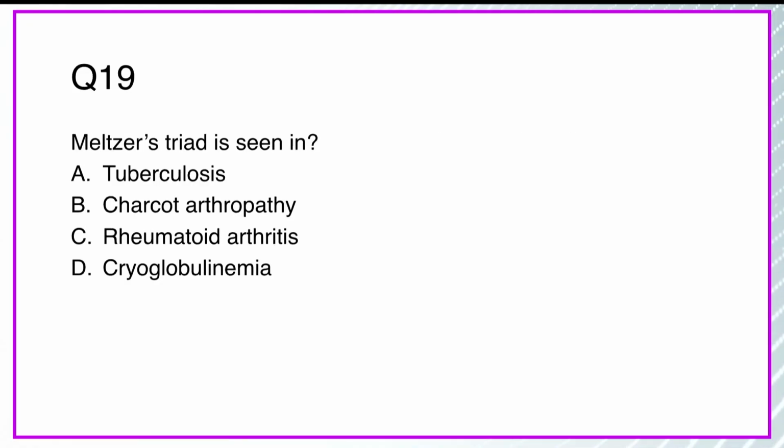Meltzer's triad is seen in tuberculosis, Charcot's arthropathy, rheumatoid arthritis, cryoglobulinemia.